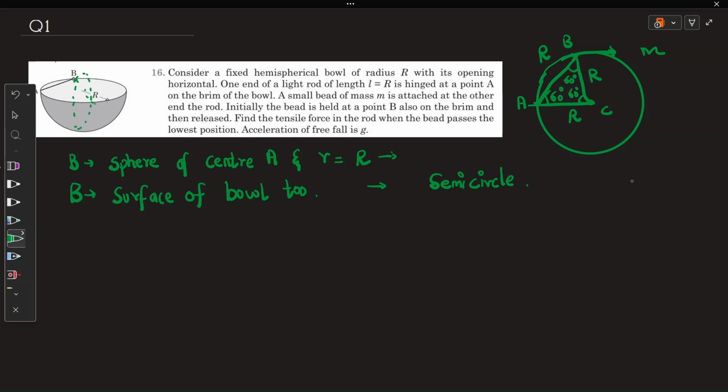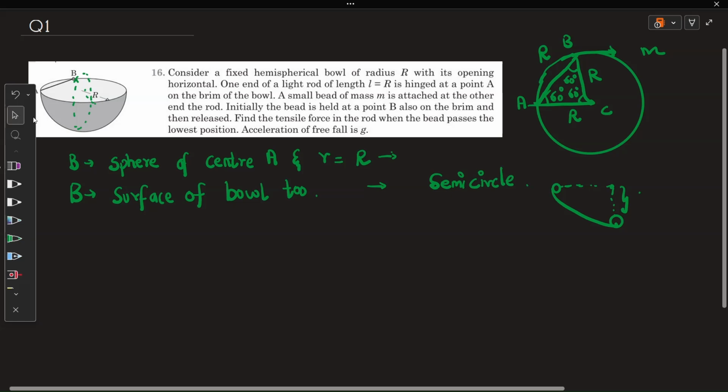Now if you see from the side, this is the initial position, and this would be the final position. This is the center, and this is the perpendicular distance from the center which I'm speaking about, and this is the total horizontal distance it traveled.